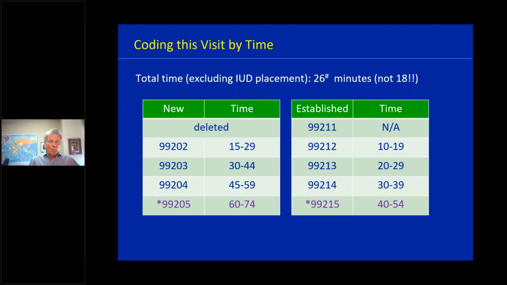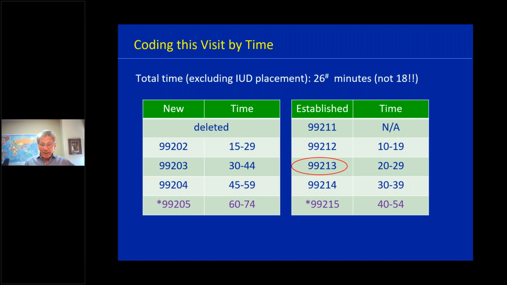Okay, so we're going to code this visit on the basis of time. Remember that Janie is an established patient. We spent 26 minutes reviewing her old records, providing her counseling, typing the note into the EMR.